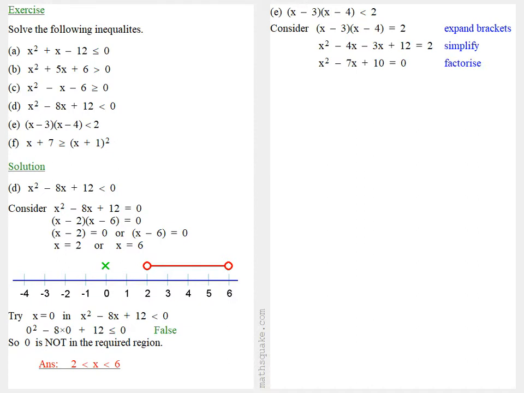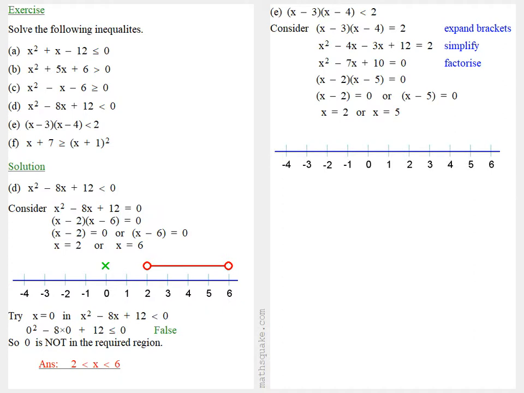Now we can factorize that by looking for two numbers that add to make minus 7 and multiply to make 10. That is, minus 2 and minus 5. So, x minus 2 times x minus 5 equals 0, which means x minus 2 is 0 or x minus 5 is 0, which means x is 2 or x is 5.